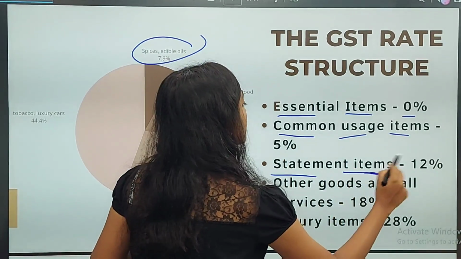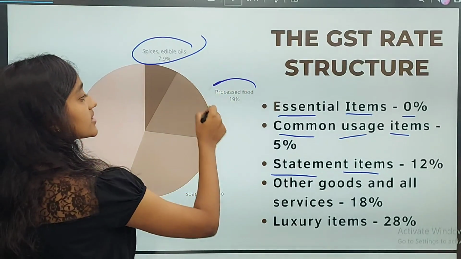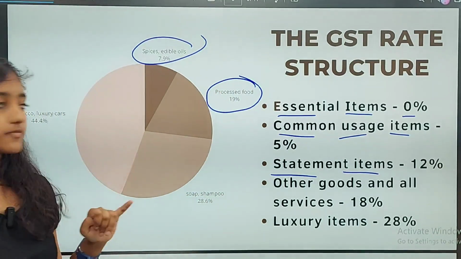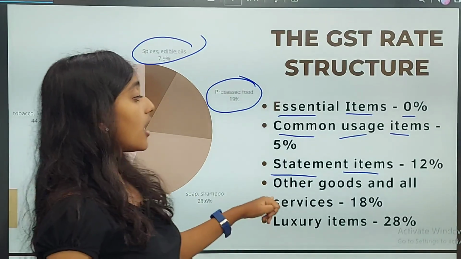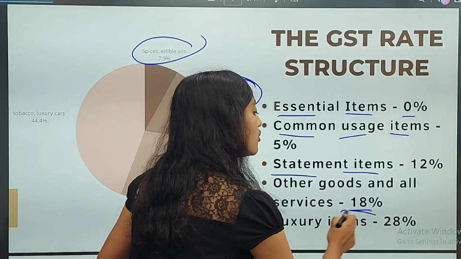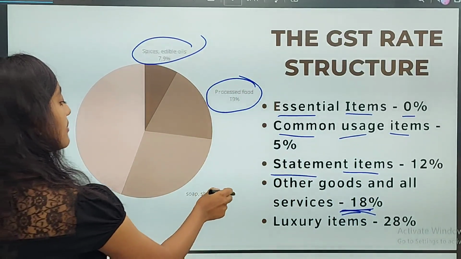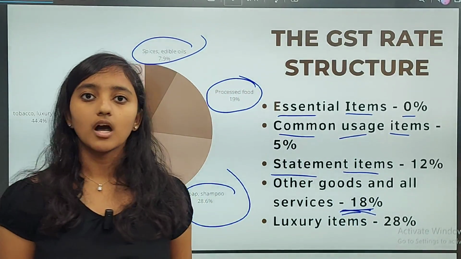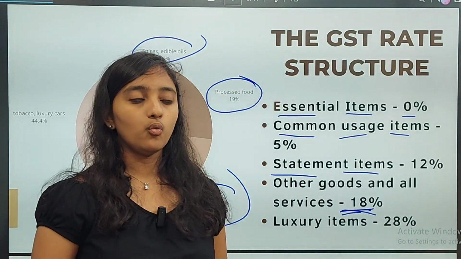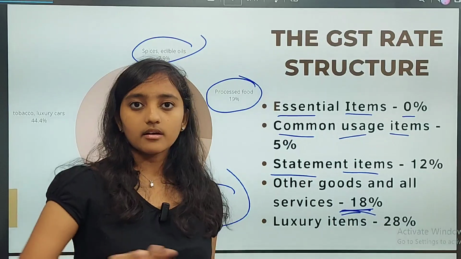Standard items is 12%. Standard items is what? Processed food. Processed food is 12%. Other goods and all services is 18%. Most of the things will come under this. Other goods and services, suppose आपने एक soap खरीदा, आपने एक shampoo खरीदा, you are buying a particular course. Depends.